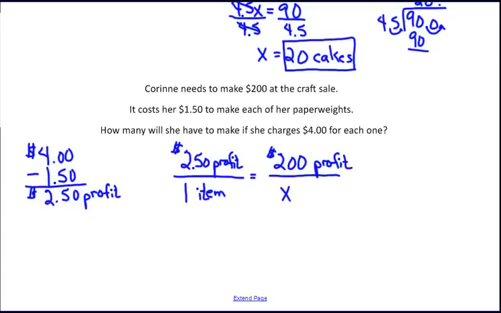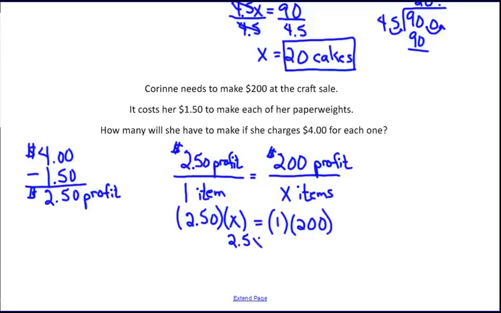So how many of those paperweights, now called items, will she have to make and sell? To solve the proportion, we will take 2.50 times x and set that equal to 1 times 200.